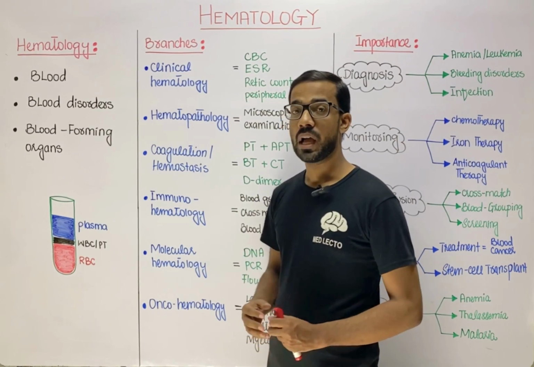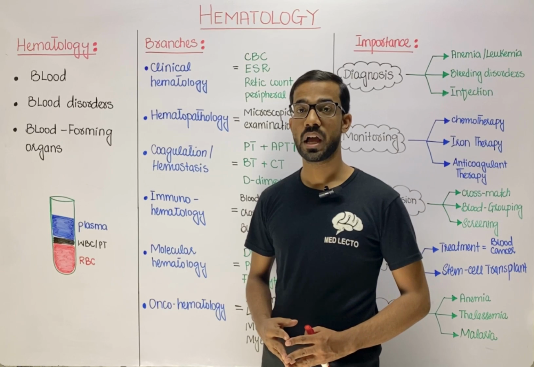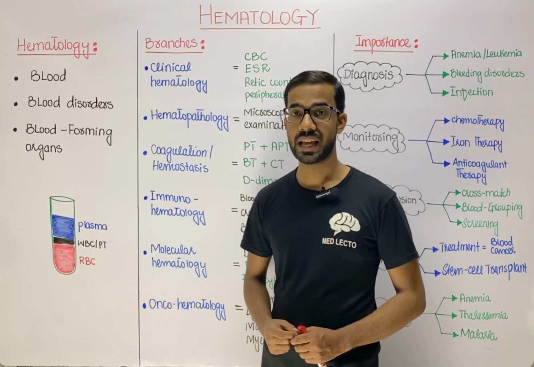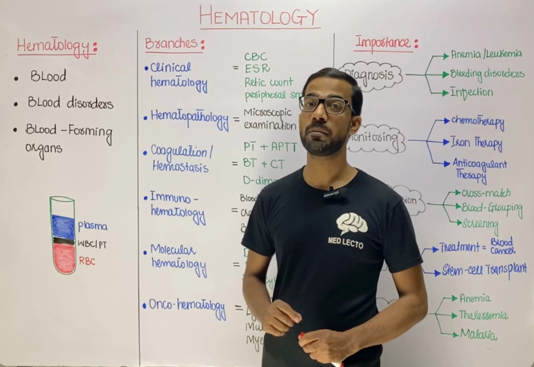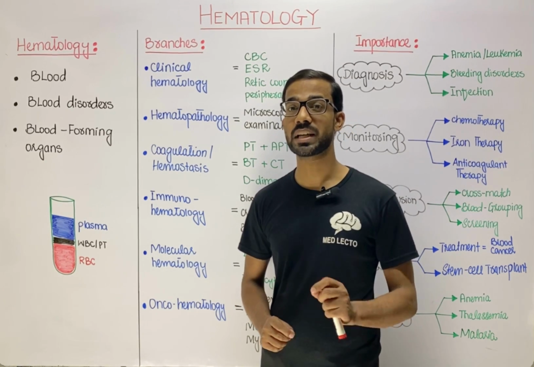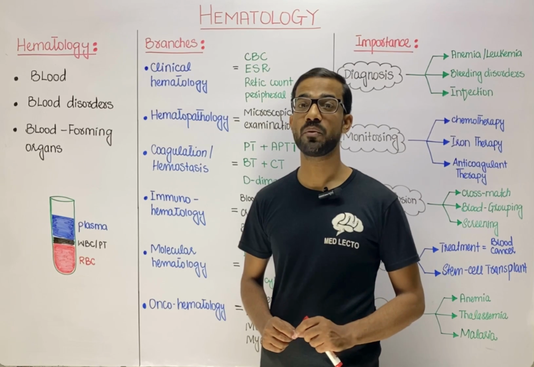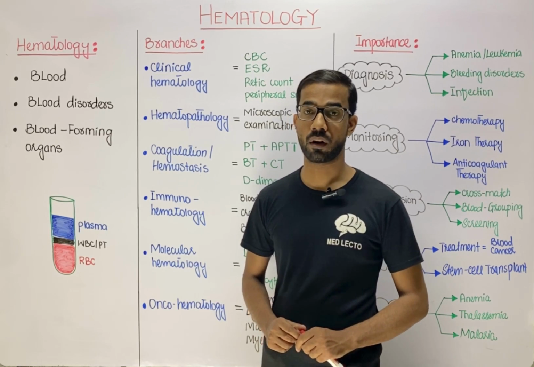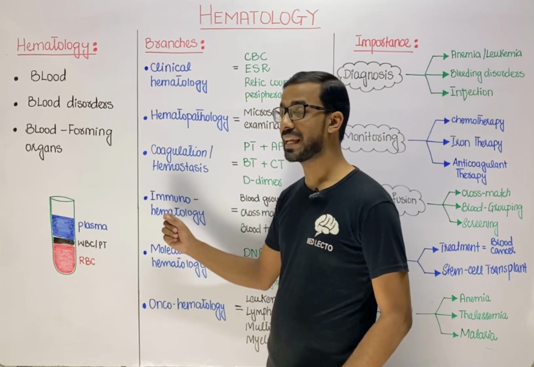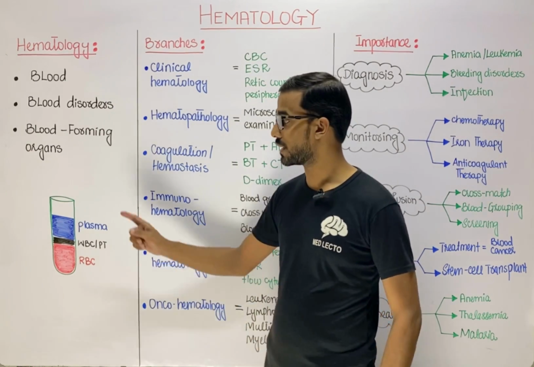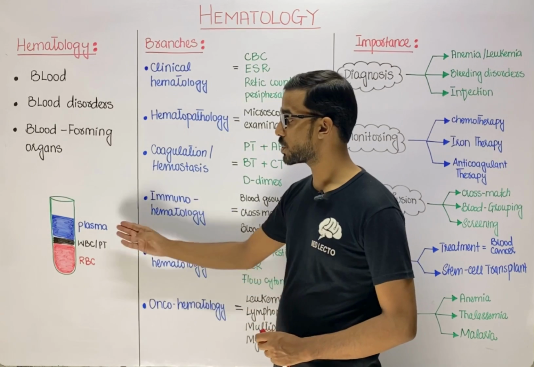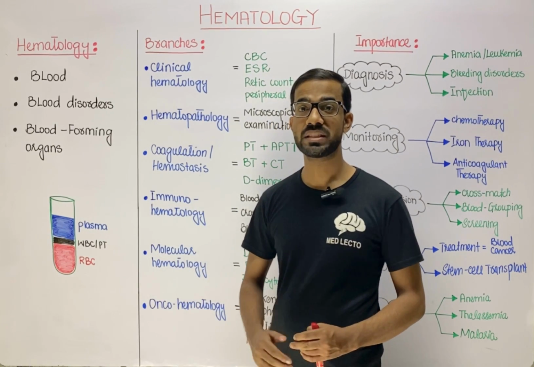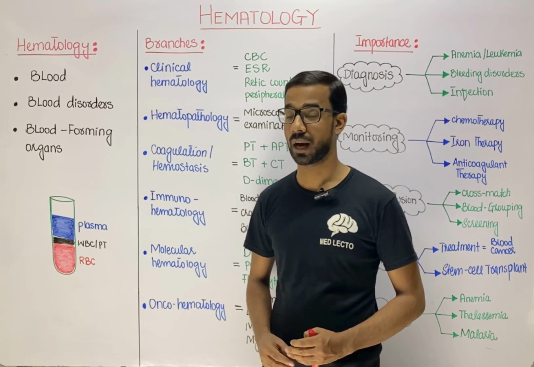If I take blood in a test tube, an important thing is that the blood should be mixed with some anticoagulant that prevents formation of a clot. If I take the anticoagulated blood in a test tube, after some time you will see the formation of three layers that separate the different components of the blood.